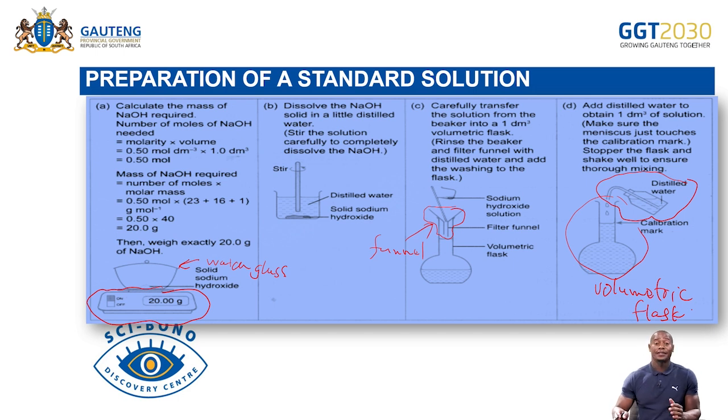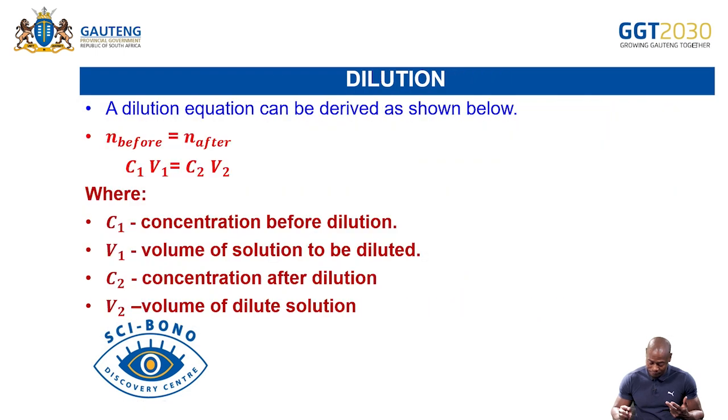We want to prepare a solution of sodium hydroxide with a concentration of 0.5, using which volumetric flask? Volumetric flasks have different volumes. We have 250 cubic centimeters, 500 cubic centimeters, and maybe 1000 cubic centimeters. So let's say this one is a 1000.